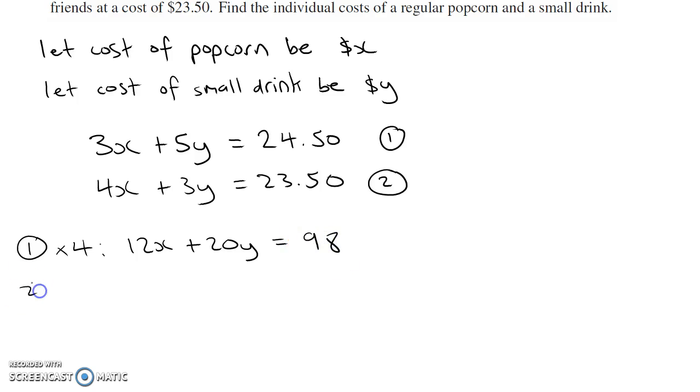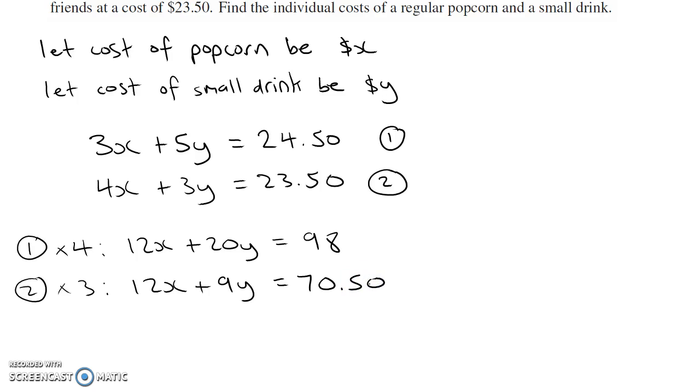Now looking at equation 2, if we want to get 12x so we can do some elimination, we need to times equation 2 by 3. So that'll give us 12x plus 3 times 3y is 9y equals 23.50 times 3, which is 70.5.